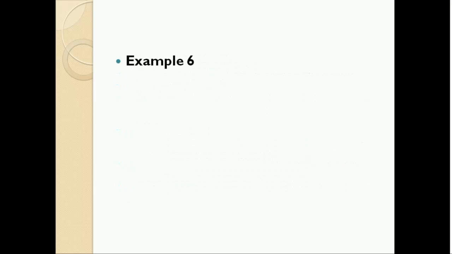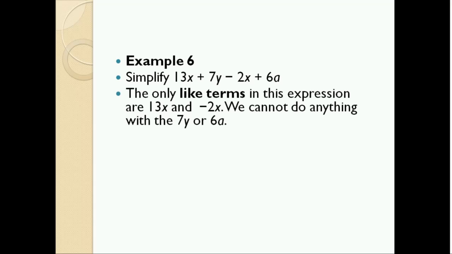Now this is the next example, example number 6. The question is here, simplify. Be careful with the signs and like terms and unlike terms. The question is 13x plus 7y minus 2x plus 6a. The only like terms in this expression are 13x and minus 2x.